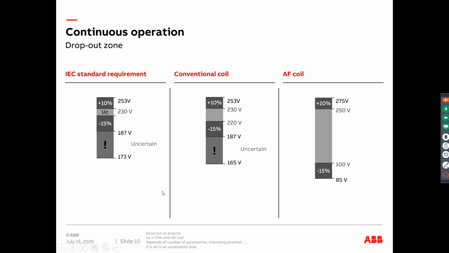In a conventional coil, the dropout zone is uncertain; it may or may not. But with AF technology, because there is a microprocessor inside and it's programmed, we make sure that even if it goes below 60%, it will still stay closed.